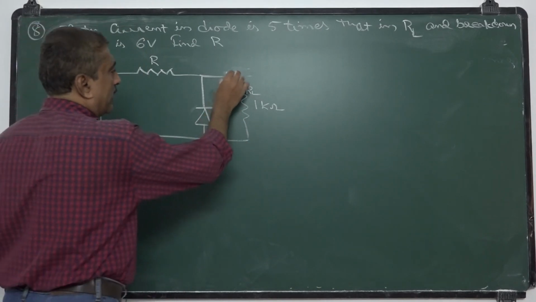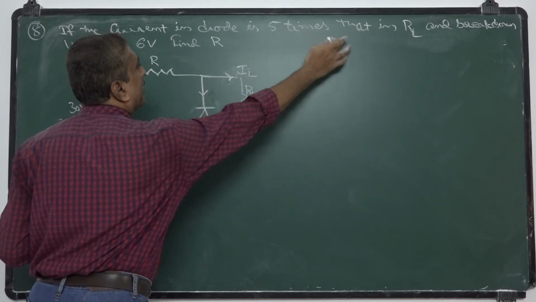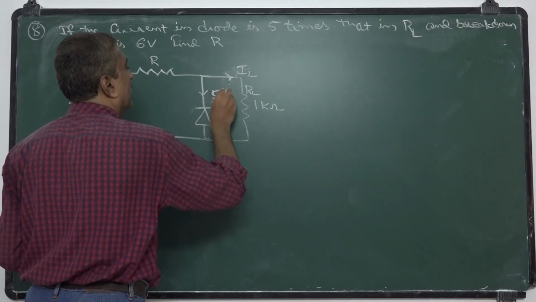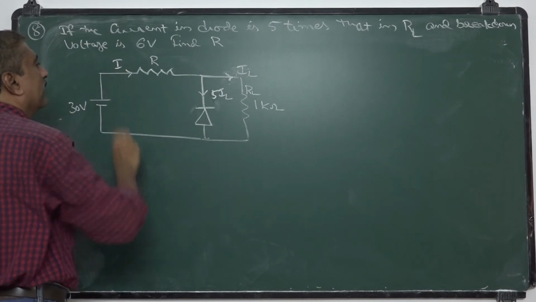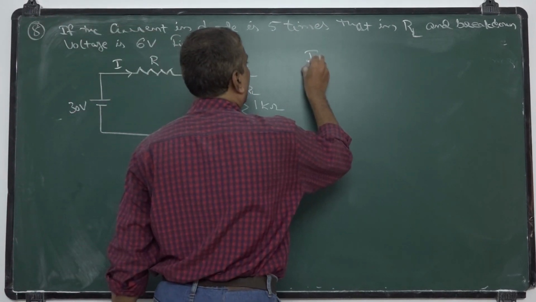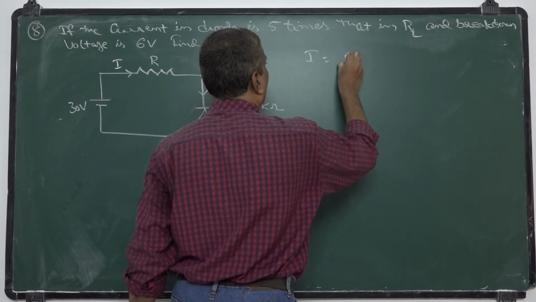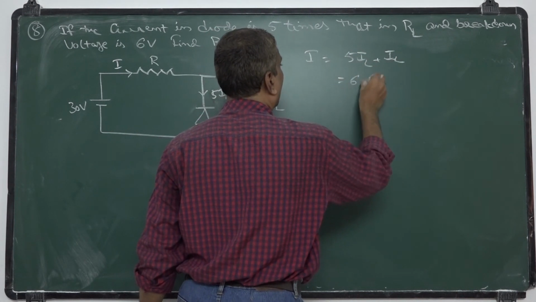Now assume that the current through this load is IL and the current through this diode is 5 times that of IL, so 5 IL. So the current through this one is I, then I is equal to 5IL plus IL, that is 6IL.